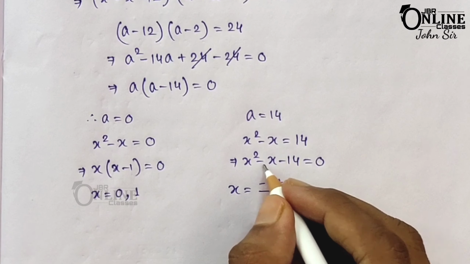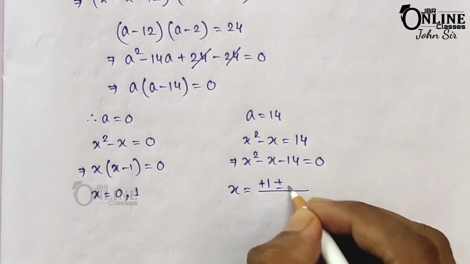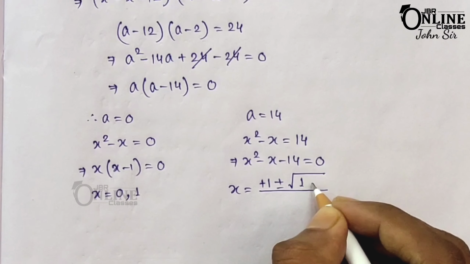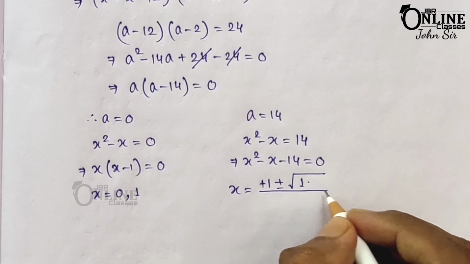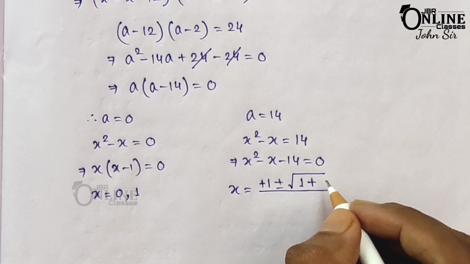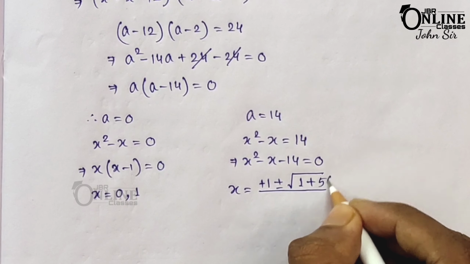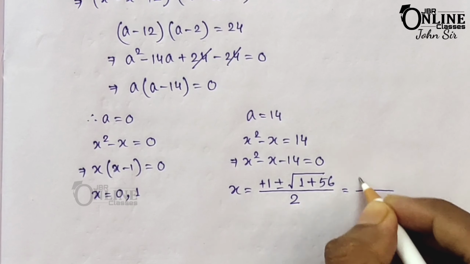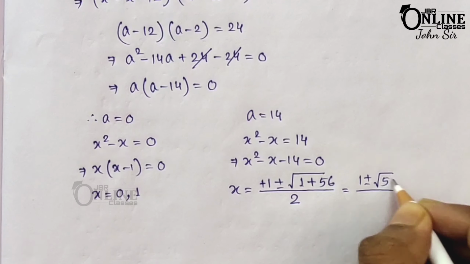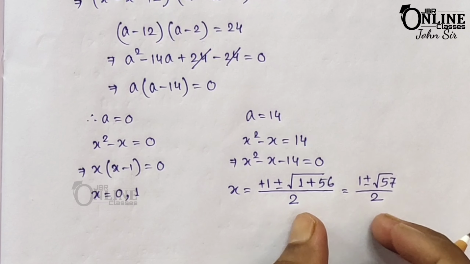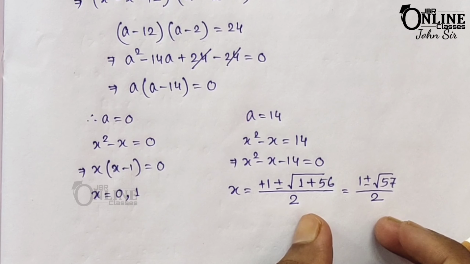Okay, so as here b itself minus, so it will be in positive, root over here 1 square, that means 1, then minus, as here c will be negative, so it will be in again positive, so 1 plus 14 into 4, that means 56, so 56 by 2, so that equal to 1 plus minus root over 57 by 2. Okay, so 1 plus minus root over 57 by 2 is your answer.